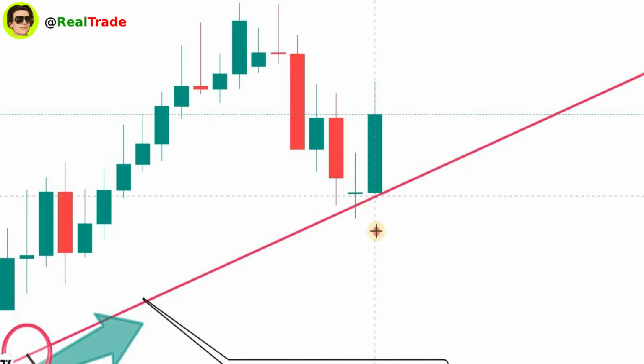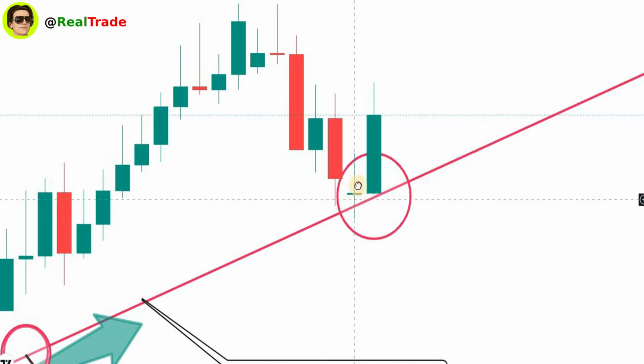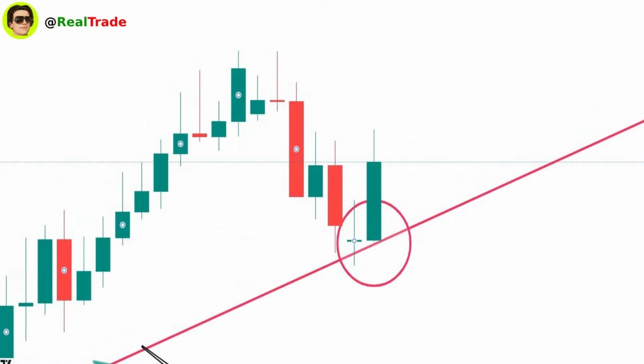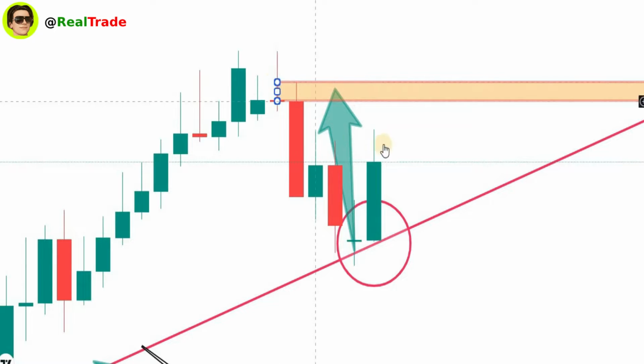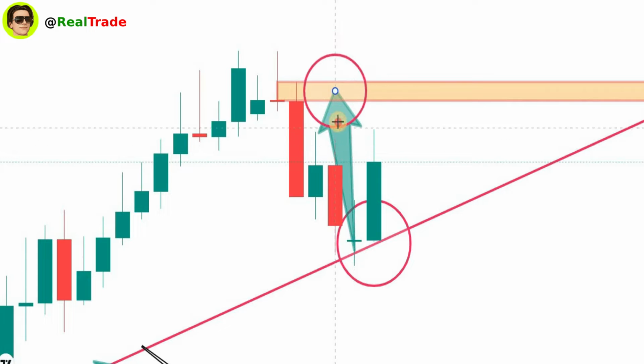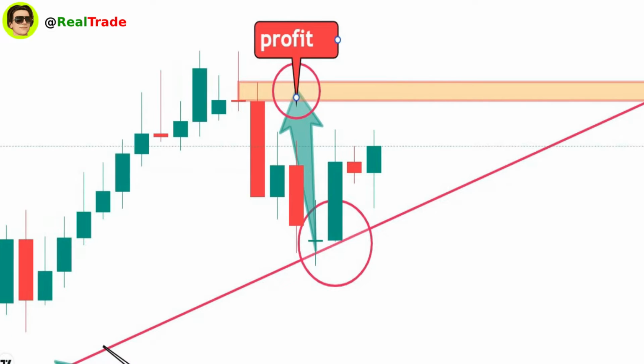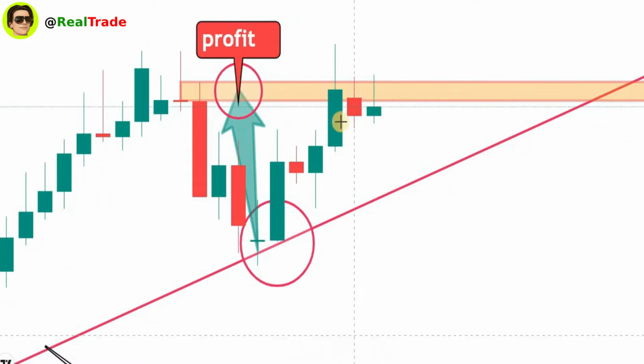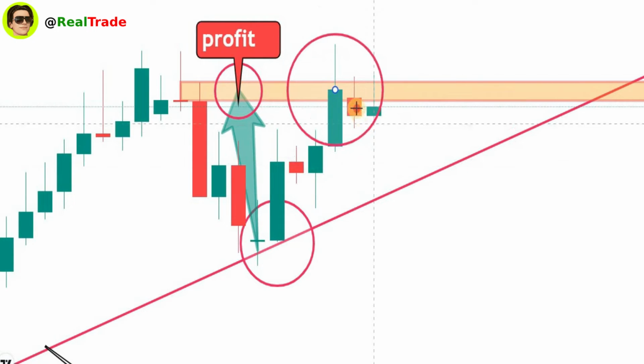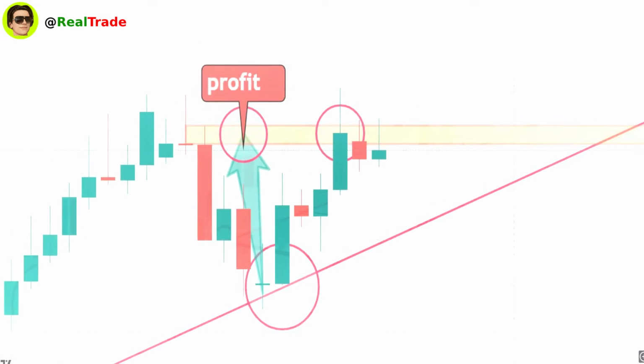This candle is return candle, back candle. Yes, go to local resistance. This area is the best profit. Yes, this area, this point. Profit, continue. Yes, take a profit. This position, take a profit.